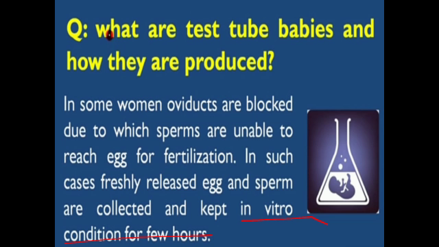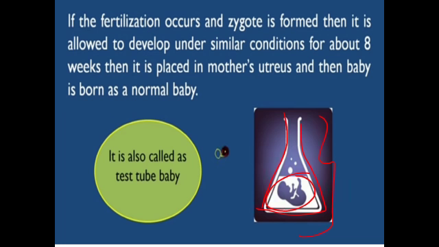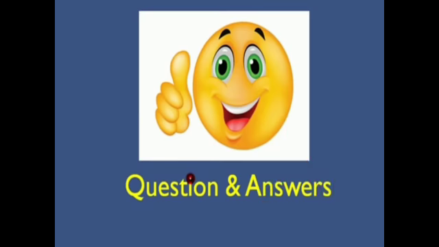That is in vitro fertilization, fertilization outside the body. If the zygote is formed, it is allowed to develop for 8 weeks and then placed in the mother's uterus, and the baby is born like a normal baby. These are test tube babies.